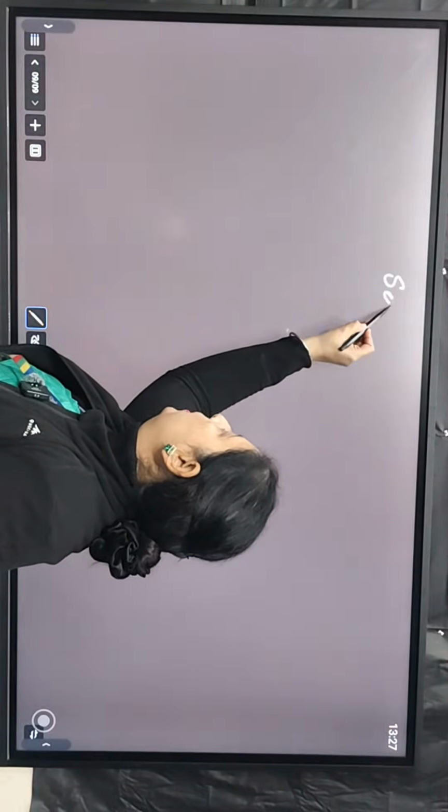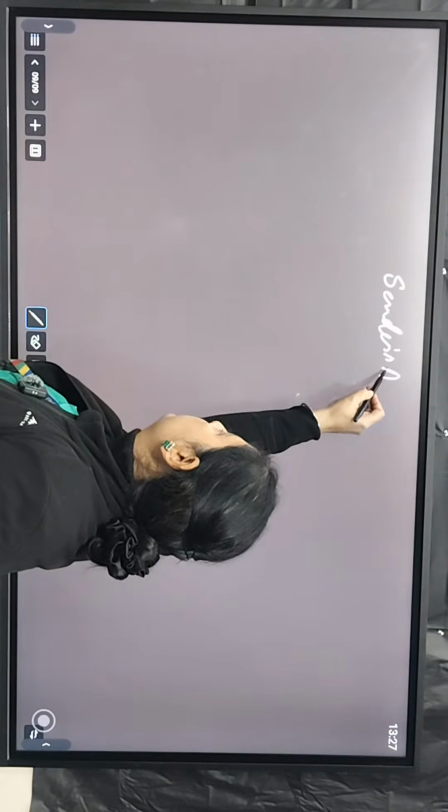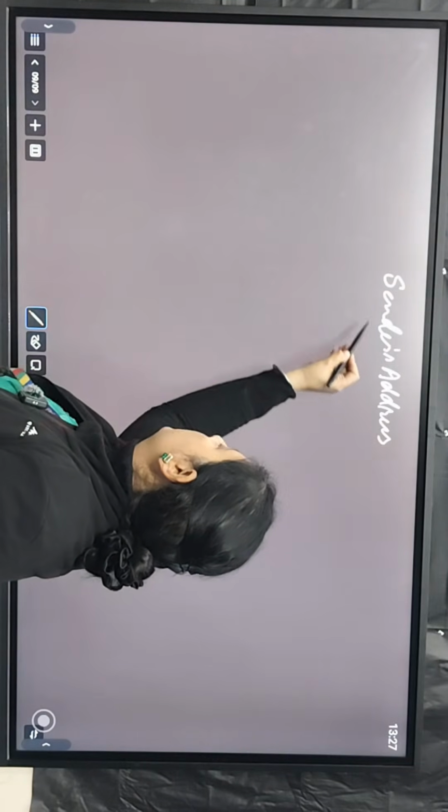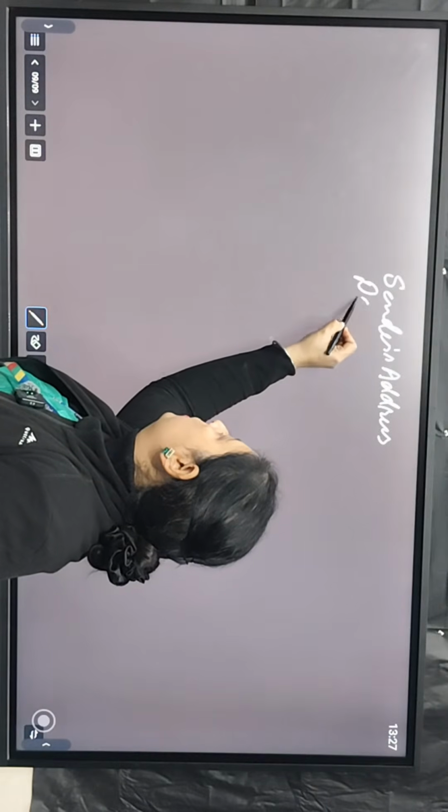First, for formal letter, write sender's address, then date.